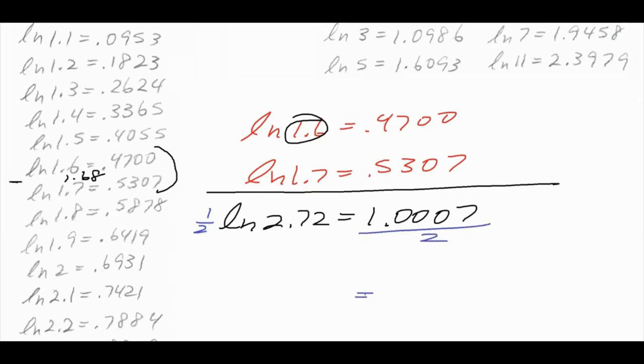And so here on the left, we would get 0.50035. And then by log properties, when we cut this in half, we're multiplying it by 1/2. Well, that 1/2 would become an exponent up here. And so then we would take the square root of 2.72, and that would give us another log.